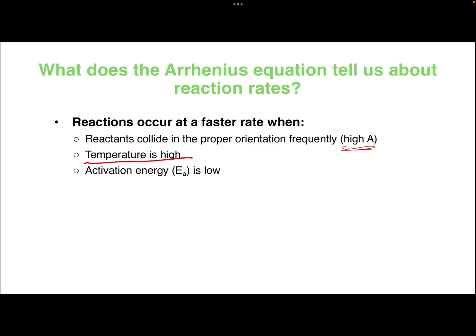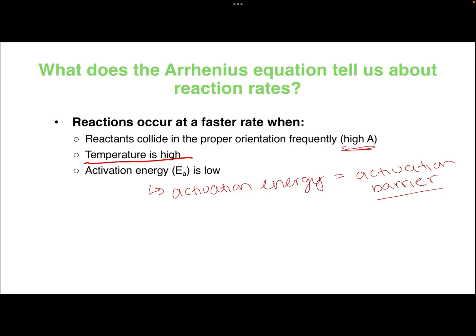Another way to think about activation energy is to think about it as an activation barrier, because you need to be able to reach that activation energy in order for the reaction to proceed. It's acting as the barrier that prevents reactions from occurring most of the time.